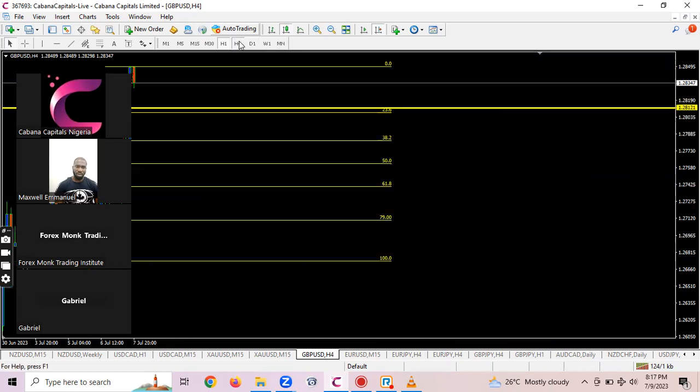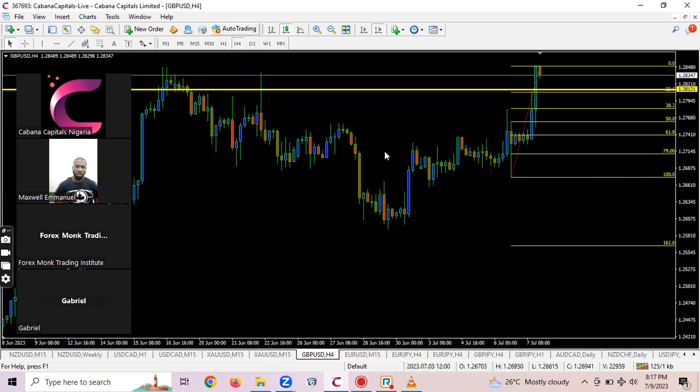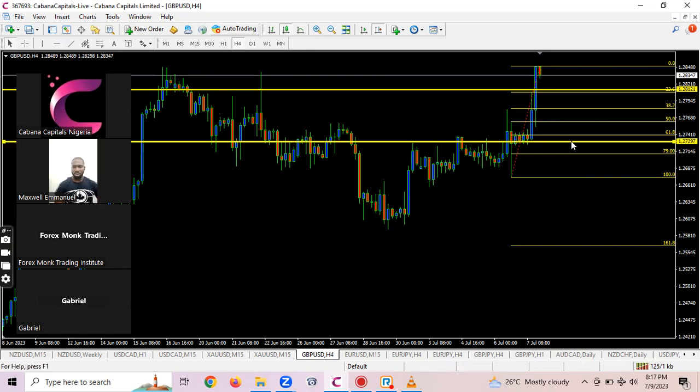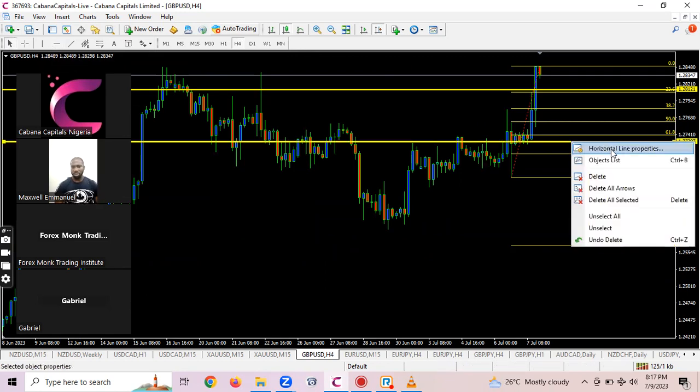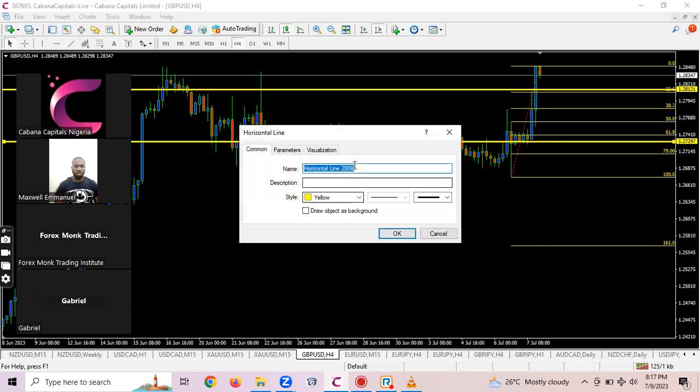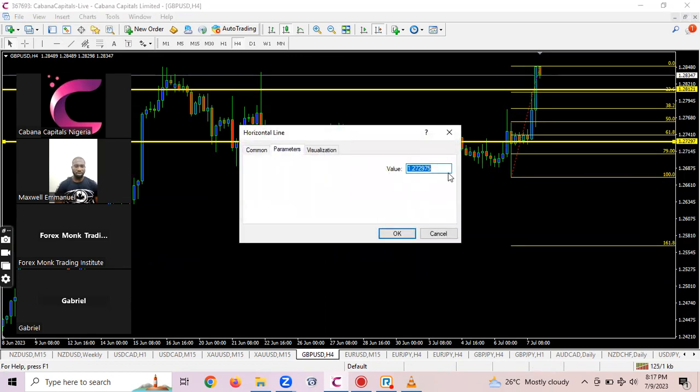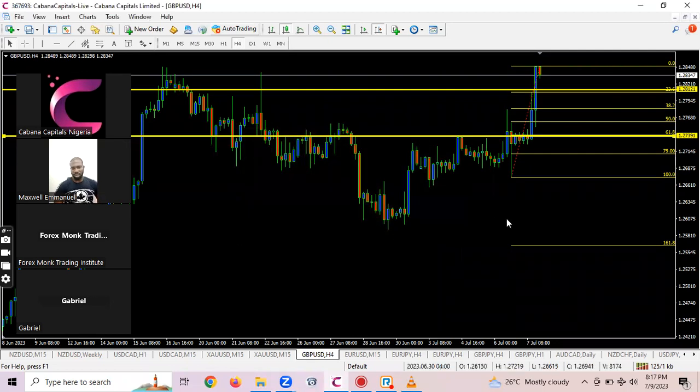You can put it on your screen. Around 1.27391, there is another block there.